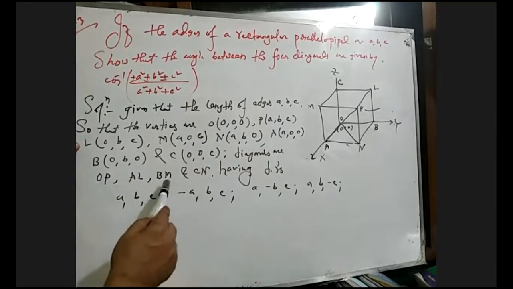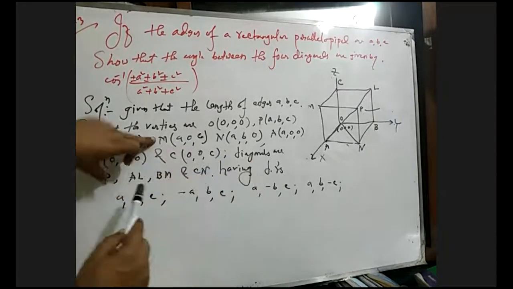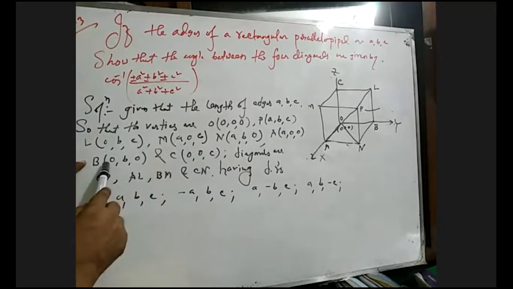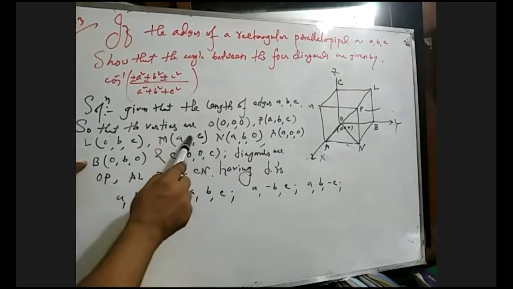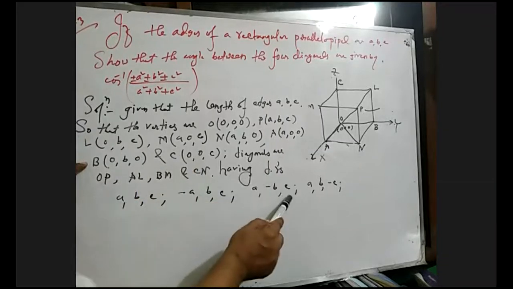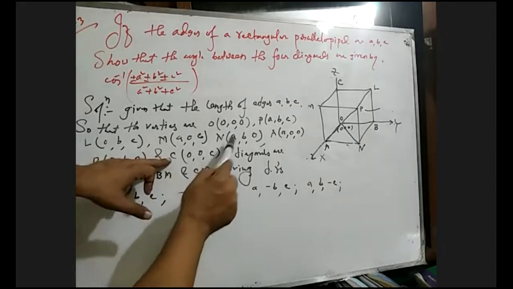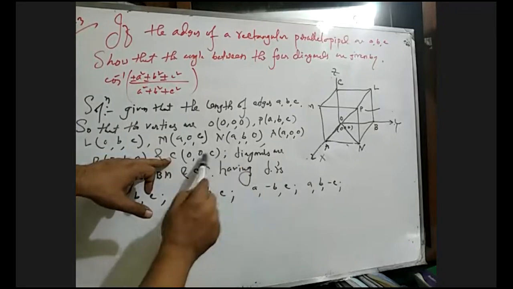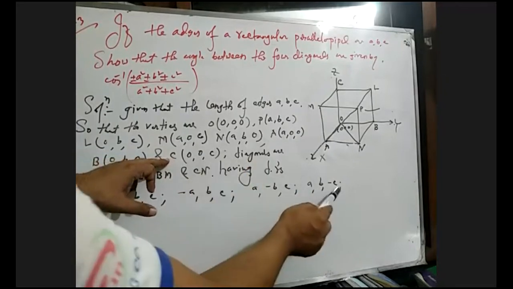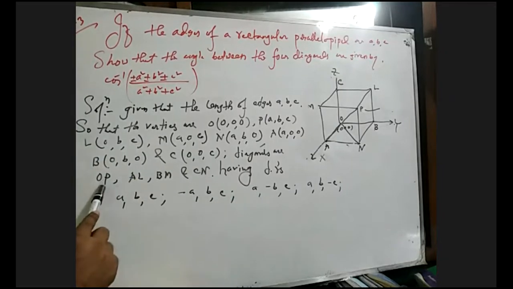Similarly for BM, with the M point and the B point: a minus 0 is a, 0 minus b is minus b, c minus 0 is c. Similarly for the fourth diagonal, CN, with the C point and N point: a minus 0 is a, b minus 0 is b, 0 minus c is minus c. These are the direction ratios of the four diagonals OP, AL, BM and CN.